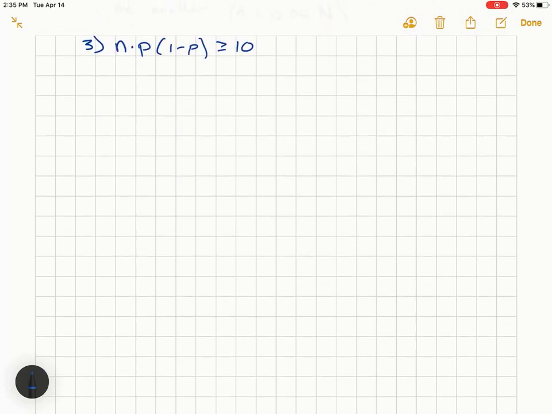Okay, now we're talking about hypothesis testing. So one of the key things is, when is something significant?